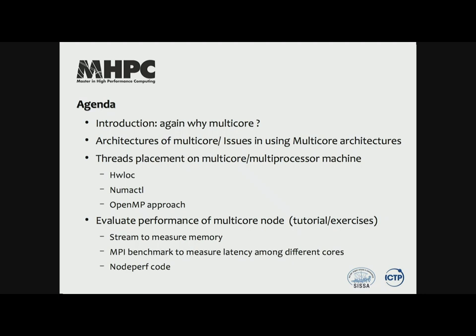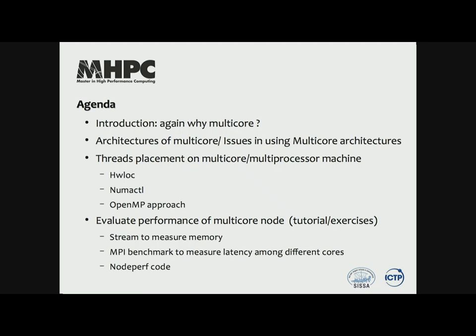So understanding a few things is important, and we can use STREAM as we did yesterday. We can use MPI, a benchmark to measure latency among different cores. This is an exercise that maybe we can play also tomorrow. And then there is this not-perf code coming from Intel that shows you that if you write very efficient code because you know the machine, you can get very good performance.